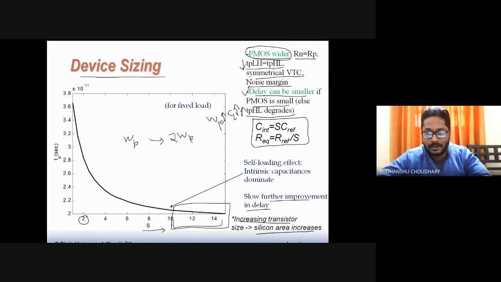Also, it is not economical because the delay is not improved further. However, the size required is more and the silicon area is more, so it is not advised to scale up your PMOS beyond this limit.